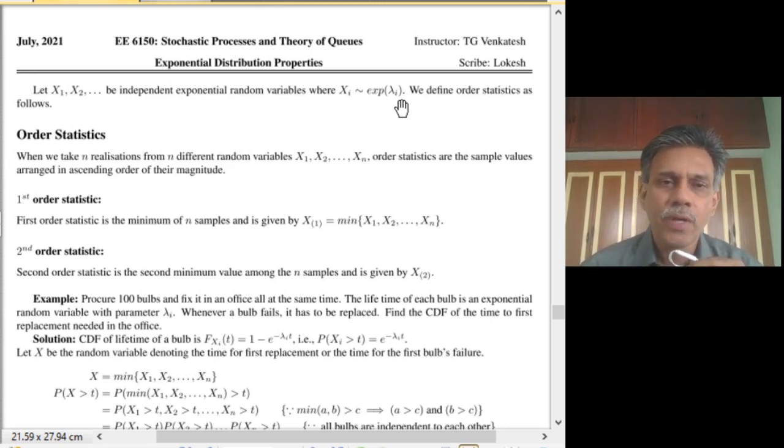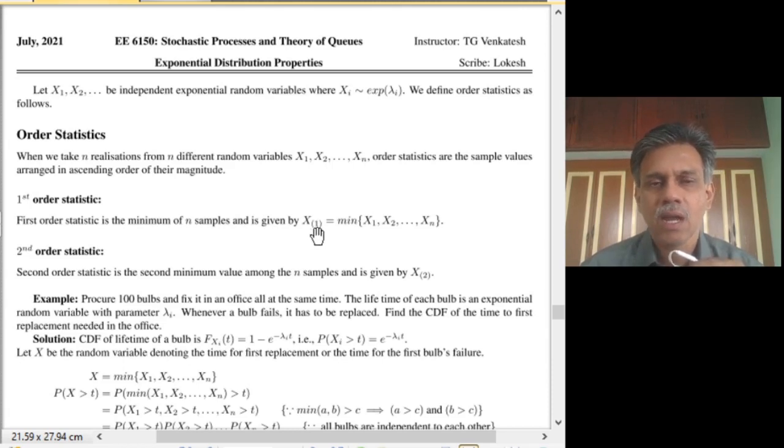So if you take a collection of random variables and consider the minimum value of the realization of these random variables, which depends upon all the random variables, that is what we call the first order statistic. So the first order statistic is the minimum of n samples of a given random variable x, denoted as x within bracket 1.